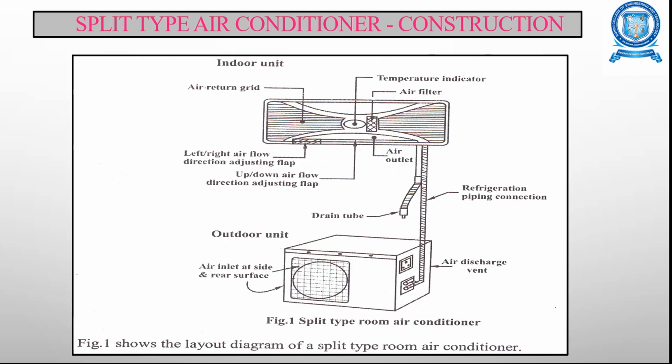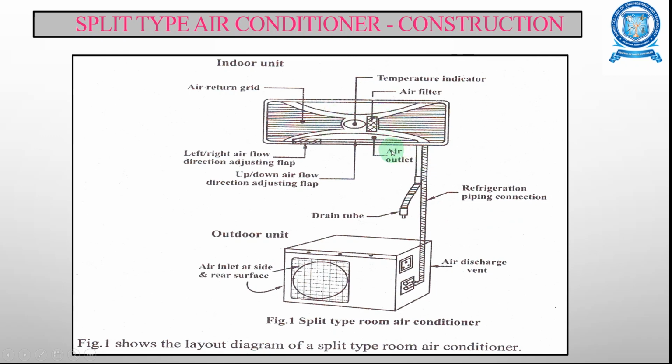So this is a layout of a split type air conditioner unit, and you can see here you have two units, the indoor unit and the outdoor unit. In the outdoor unit, you have the air discharge vent, and you can see the refrigeration piping connection made from the outdoor unit into the indoor unit.